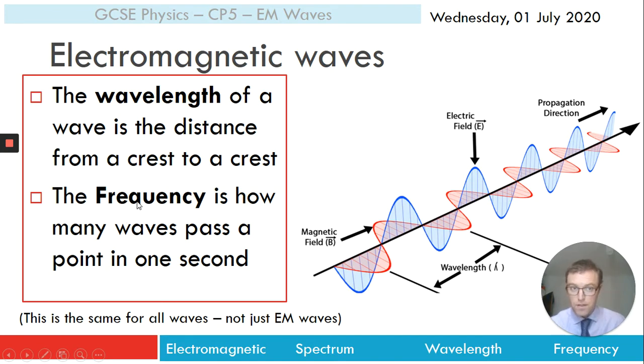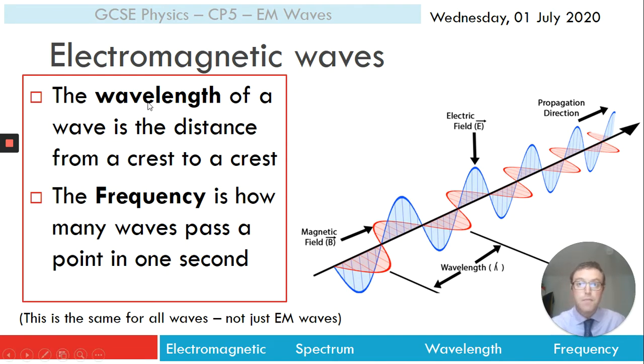The frequency of an electromagnetic wave is, if I position myself at one point, say for example here, and I had a wave coming towards me in this direction, how many wave crests pass me in 1 second.